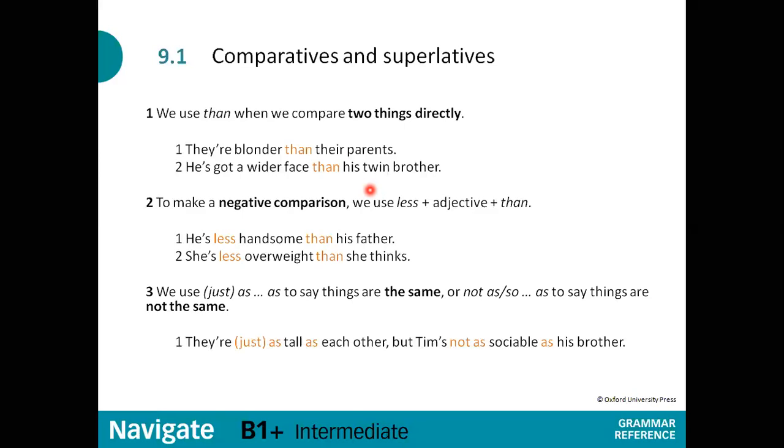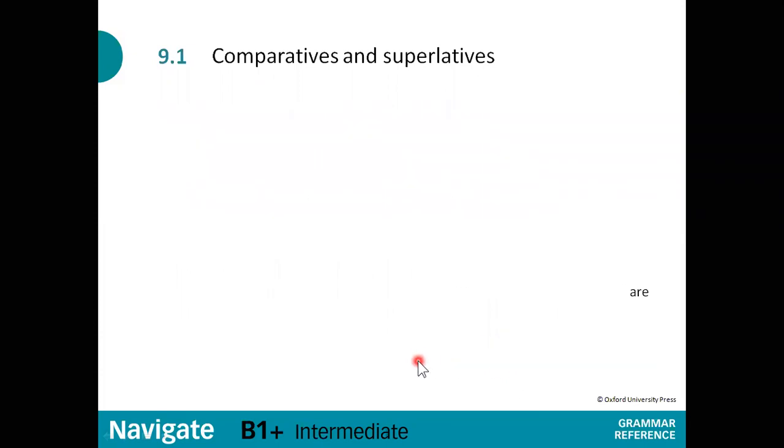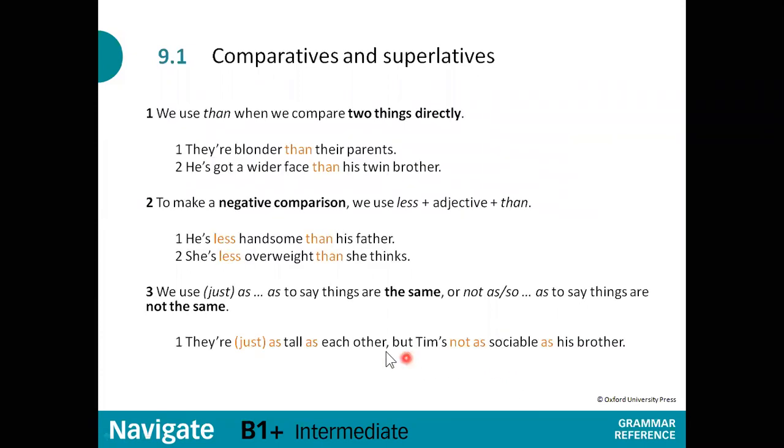For example, they are as tall as each other or just as tall as each other, but Tim's not as sociable as his brother. So here you can see, their height is the same, but their sociability is not the same. All right, I hope this page is understandable.